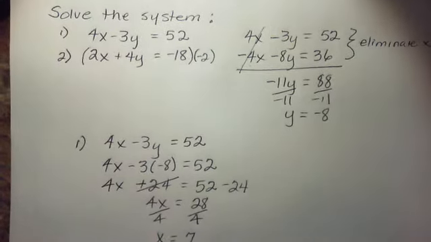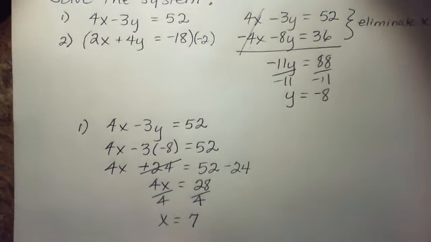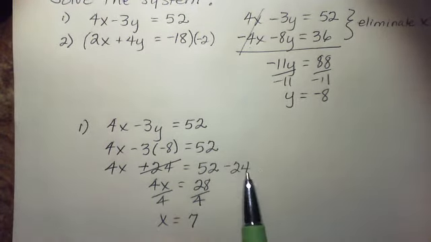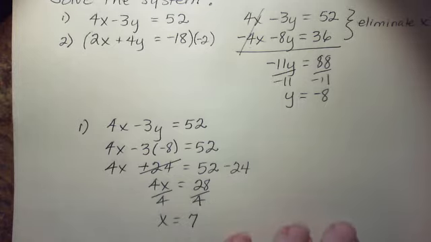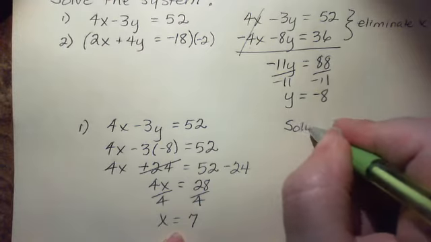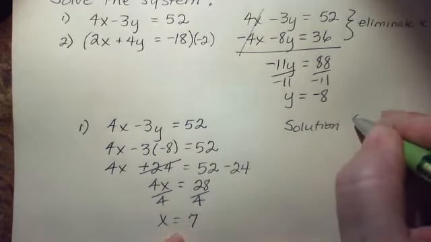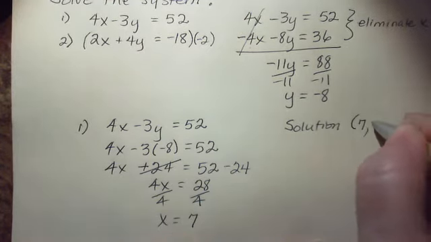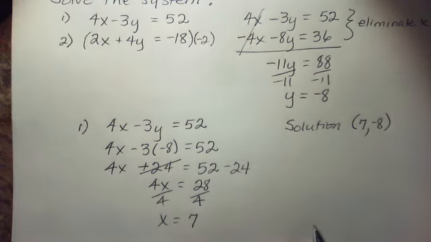Remember, if I'm solving a system of two equations in two variables, then I'm going to get a value for two variables. My solution should be an ordered pair. So I'm going to say that my solution, I believe, is the ordered pair x value 7, y value negative 8.